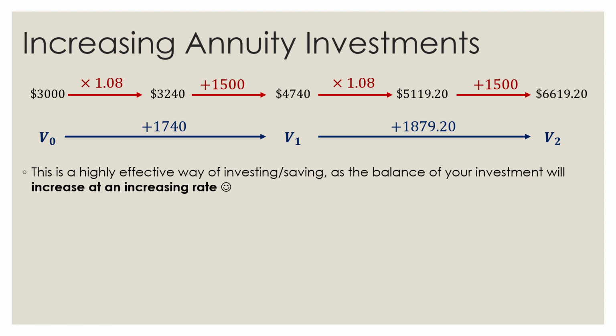What is changing is that you are multiplying by a larger number: in the first year, you're multiplying $3,000 by 1.08, whereas this year, you are multiplying $4,740 by 1.08. So naturally, the interest component, which is earned every single year, is going to increase and increase.